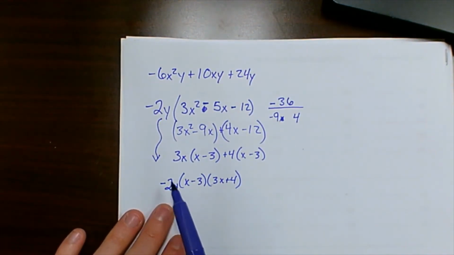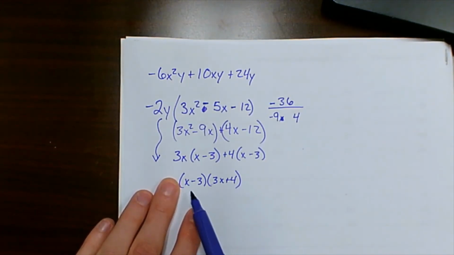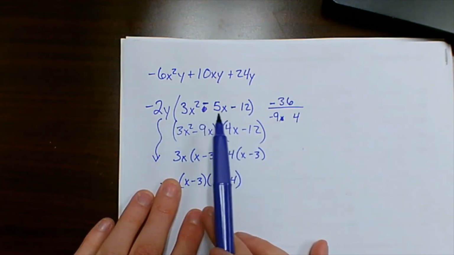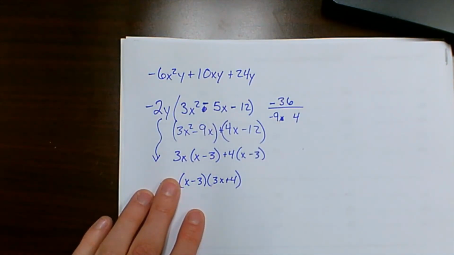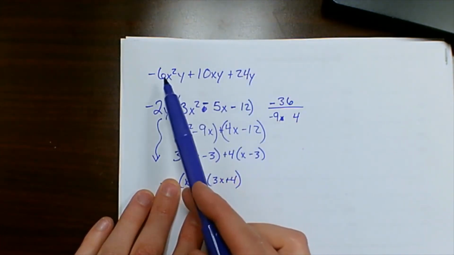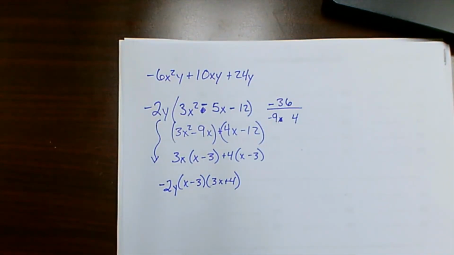If I left the negative 2y off, and I said this is my answer here, well, we are stating that this was our first value that we were given. Without the negative 2y, we can't get back to our original problem. So you have to make sure to include anything that you factored out at the very beginning. This concludes this video.